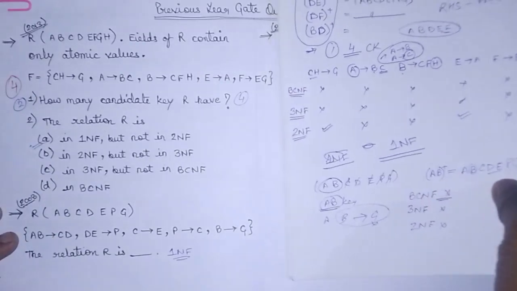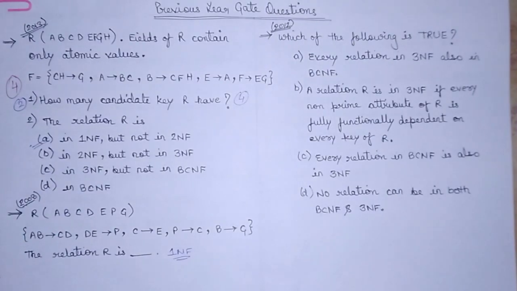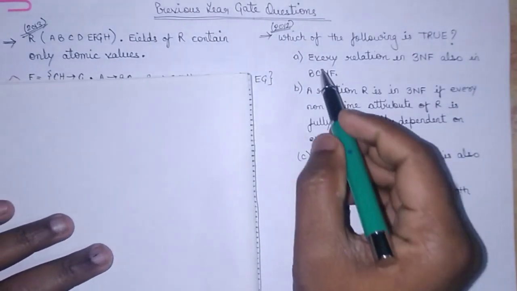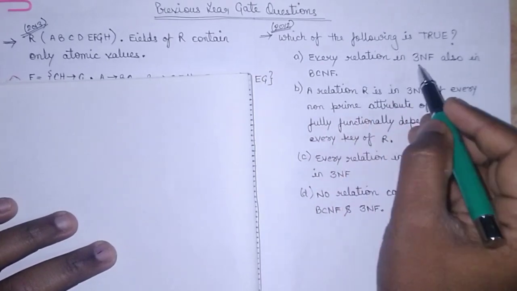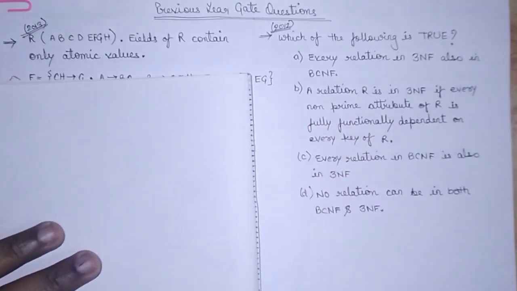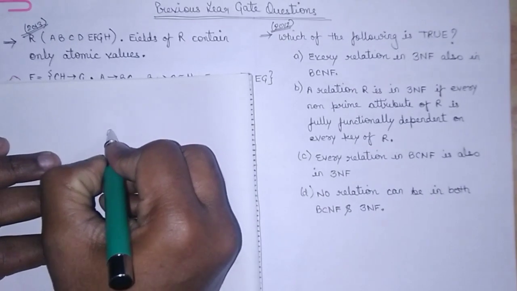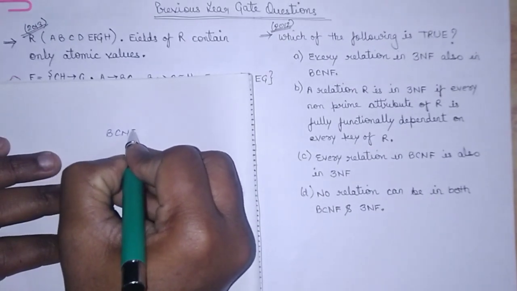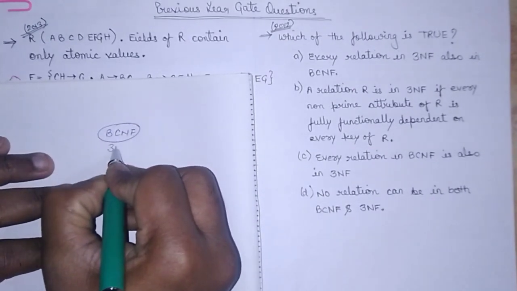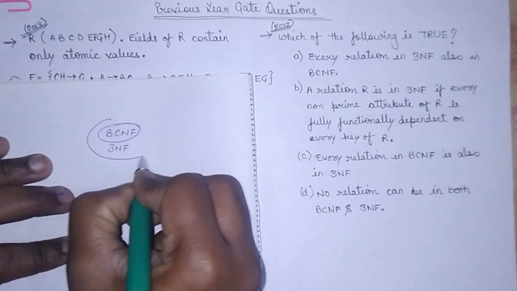Now let's go with the third question. This is a true or false question. Which of the following is true? Every relation in 3NF is also in BCNF. The higher form always includes the lower form, but the lower form need not include the higher form. For example, if a relation is in BCNF, then it is always in 3NF.